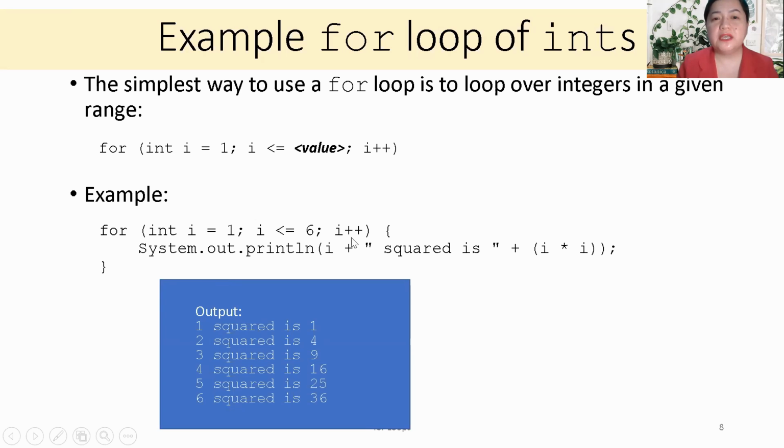But if we put i += 2, then that means the interval is by 2. If it is i += 3, then it will be by 3 as well. So it depends on what value you have put in here.